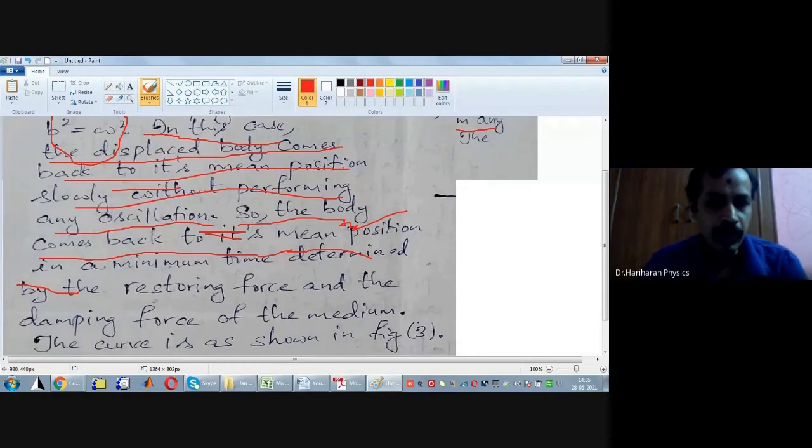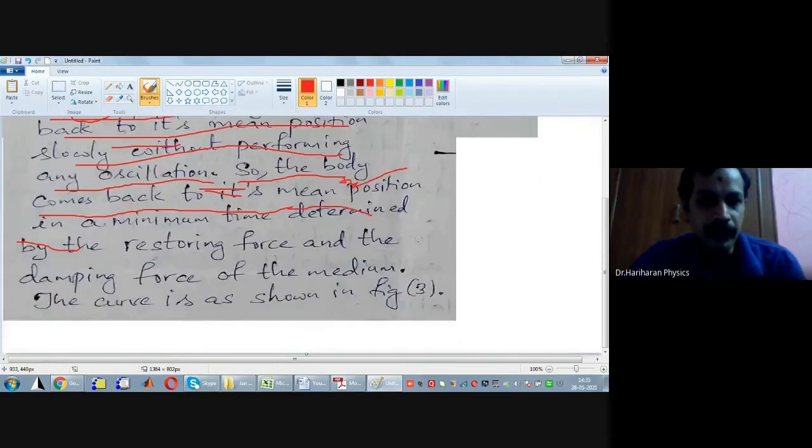B means damping force. Omega means restoring force. Understood? How quickly the body will come back depends on the choice of restoring force and the damping force offered by the medium. And how is that? That is shown in figure 3.